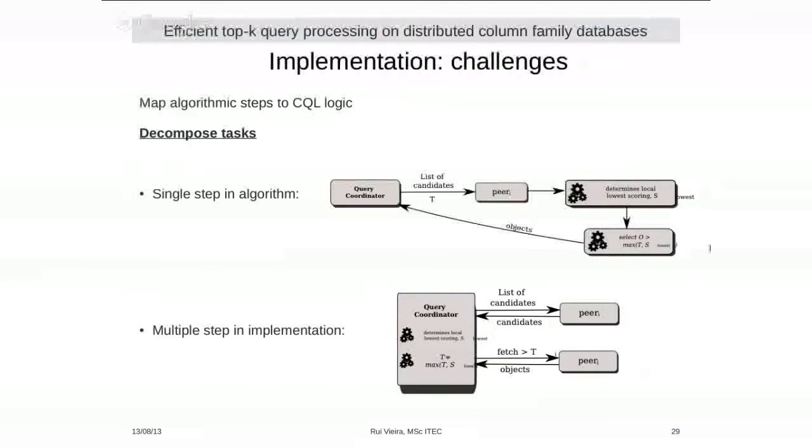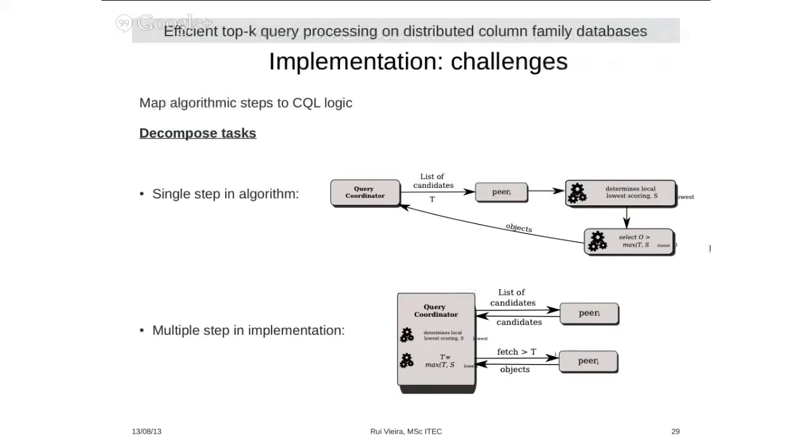There were some challenges, obviously, to implement these top-K algorithms. One of them is decomposing the tasks. Some tasks in the algorithms, such as, for instance, in the average threshold, are a single step. We send the list of candidates and the threshold value, and then the peer determines the lowest scoring and selects the objects above the maximum of the threshold and lowest scoring.